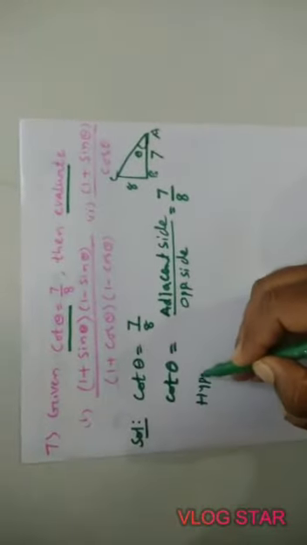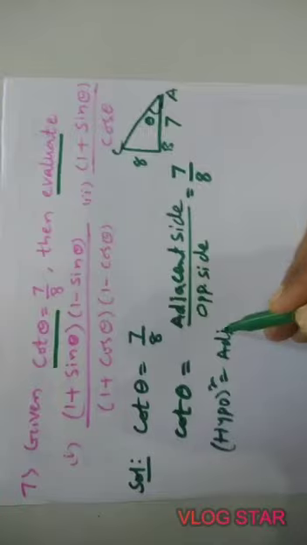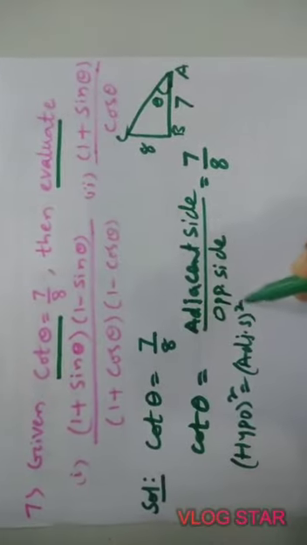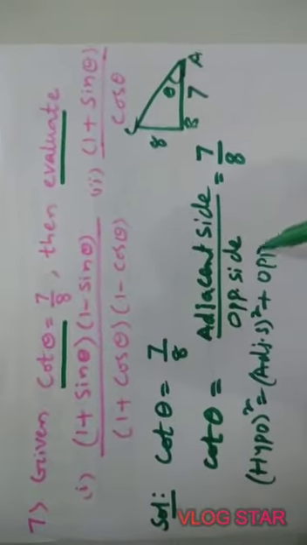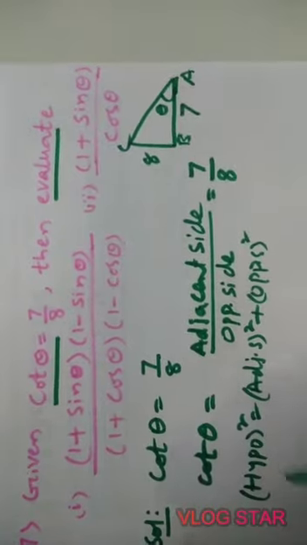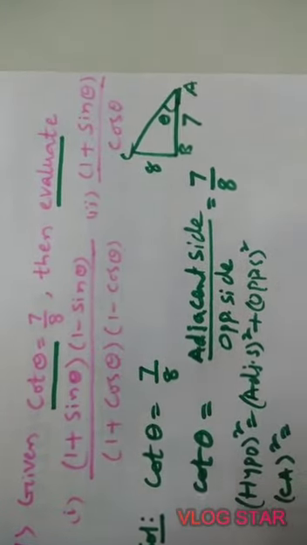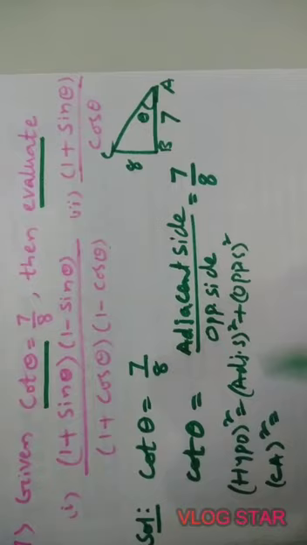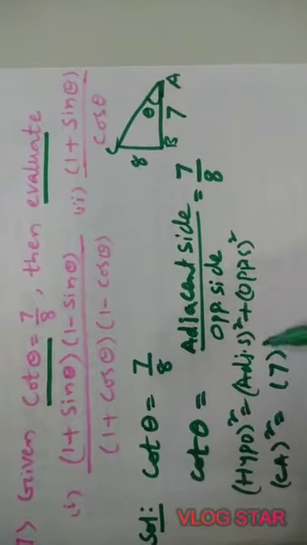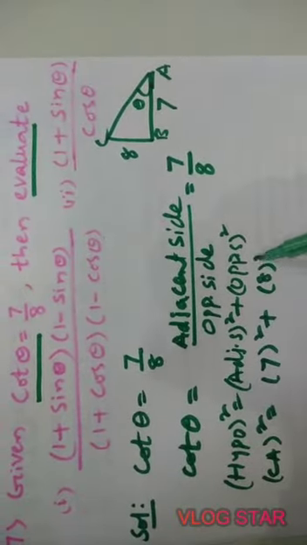For AC, from Pythagoras theorem, hypotenuse square is equal to adjacent side square plus opposite side square. So here the hypotenuse we have to find, that is CA or AC. CA square is equal to adjacent side BA 7 square plus opposite side BC 8 square.